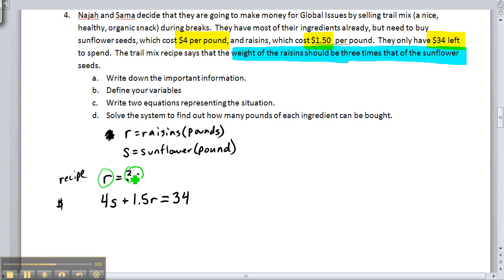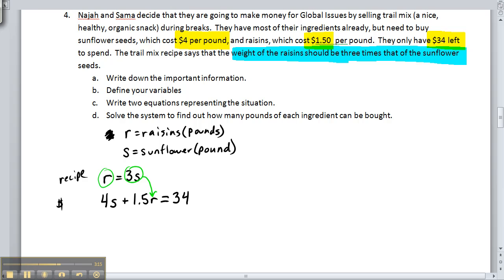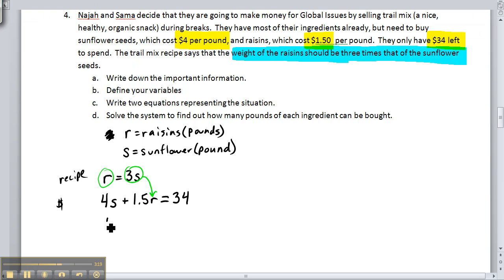That means we can go ahead and put 3S in for R. Don't make it hard on yourself. Don't solve for any other variables. Just put that in for the R, because this is equal to R. I should be able to replace it. So I've got 4S plus 1.5 times 3S, because the 3S is replacing the R, equals 34.